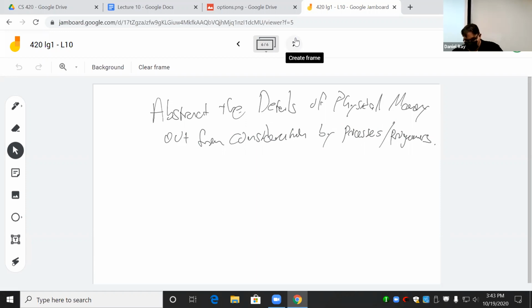Now, if you are writing object code, that is to say, you're programming a computer in binary, okay? Then you have to know where the instructions and the data are.